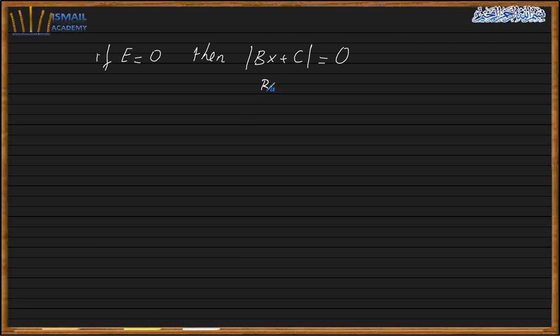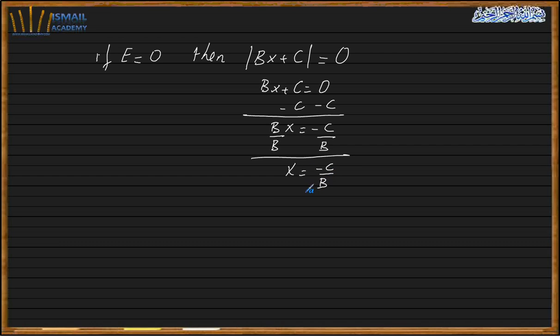So that means I will have Bx plus C is 0. Then I solve it as a regular linear equation. I subtract C from both sides, so I get Bx equal to minus C. Then divide by B, and I will have x equal to minus C over B.